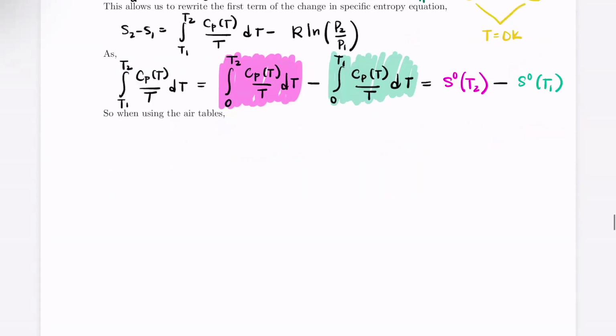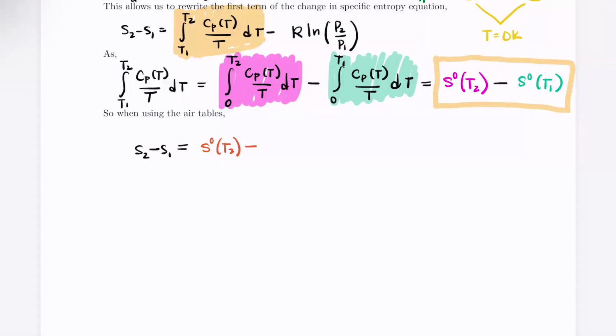Okay, great. So putting that back together, if we're using the air tables, our difference in entropy is going to look like the following. We have S2 minus S1 is equal to, and I'm going to substitute for this term this expression, S0 evaluated at T2 minus S0 evaluated at T1.